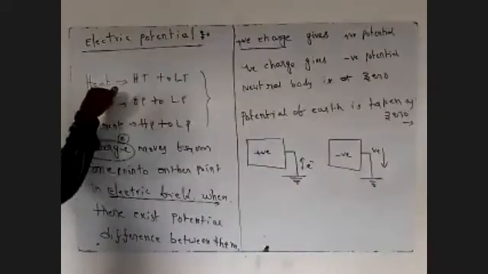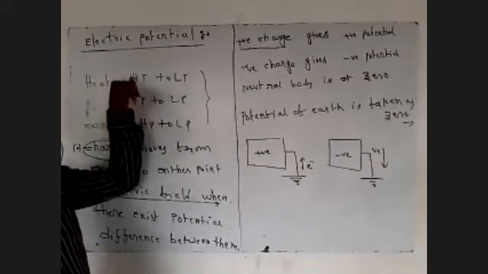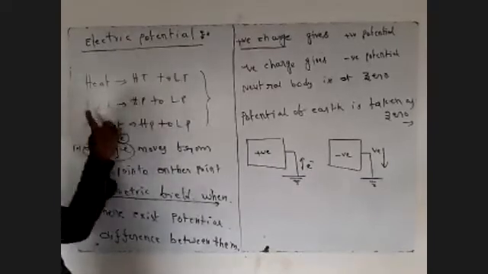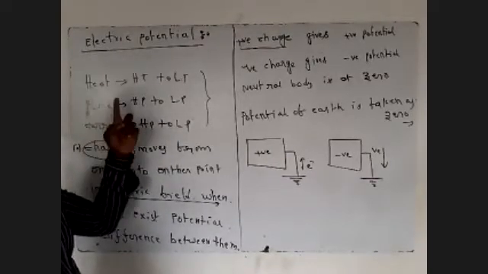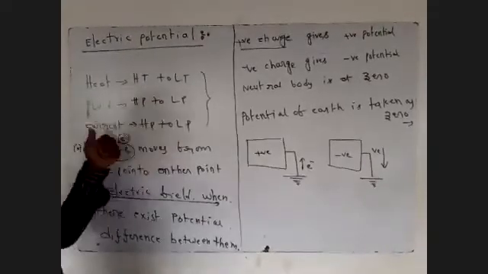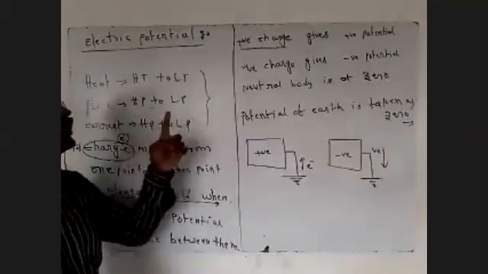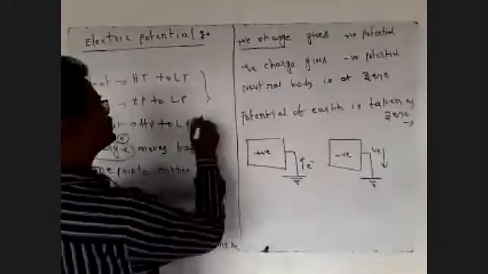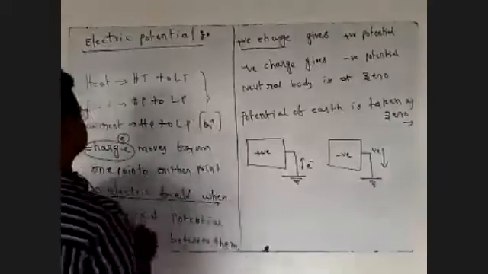Heat flows from high temperature to low temperature. Fluid flows from high pressure to low pressure, and current flows from high potential to low potential for positive charges.